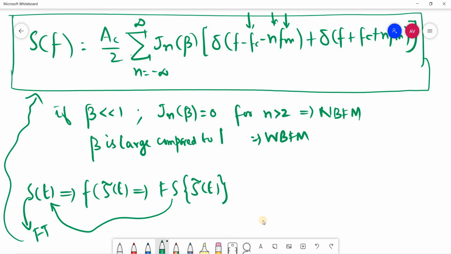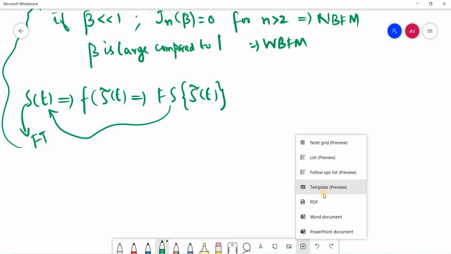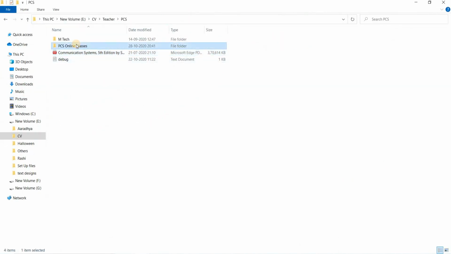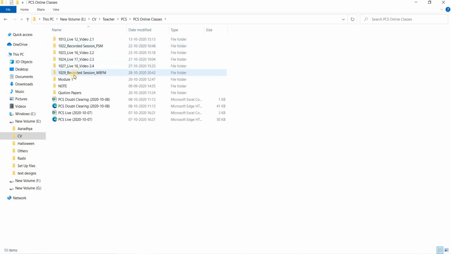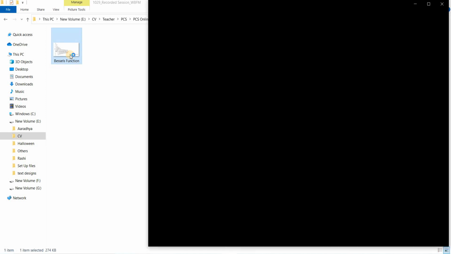Now I'll tell you what this Bessel function actually is and how it changes. Give me a moment. Okay, this is the Bessel function.